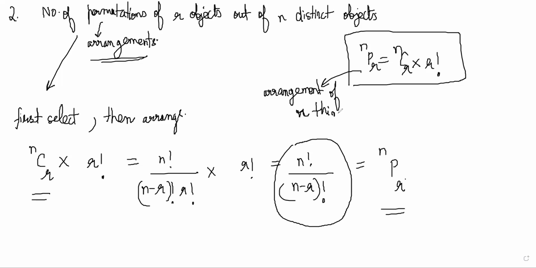Arrangement can obviously be done by first selecting them and then arranging them. So the number of selections must be smaller; then only can you select and arrange. I hope this part is clear, why it is coming like this.